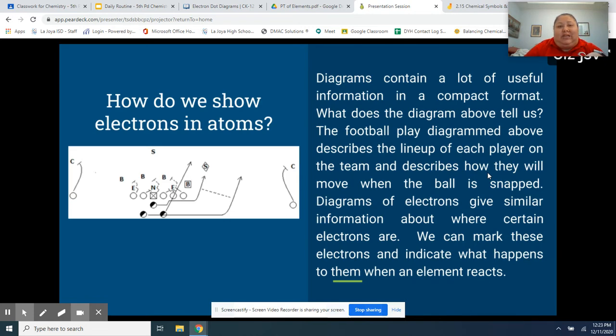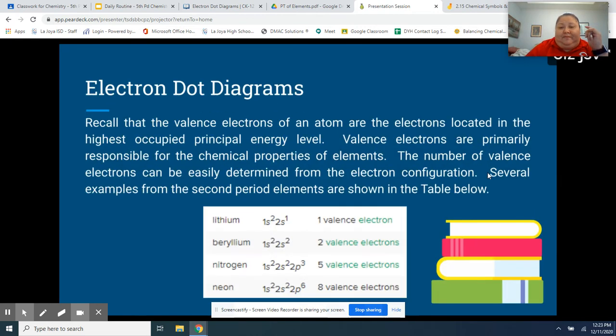Remember, electron dot diagrams show the valence electrons around an element symbol. It gives us an idea as to how this element will react when it comes in close proximity to another element.